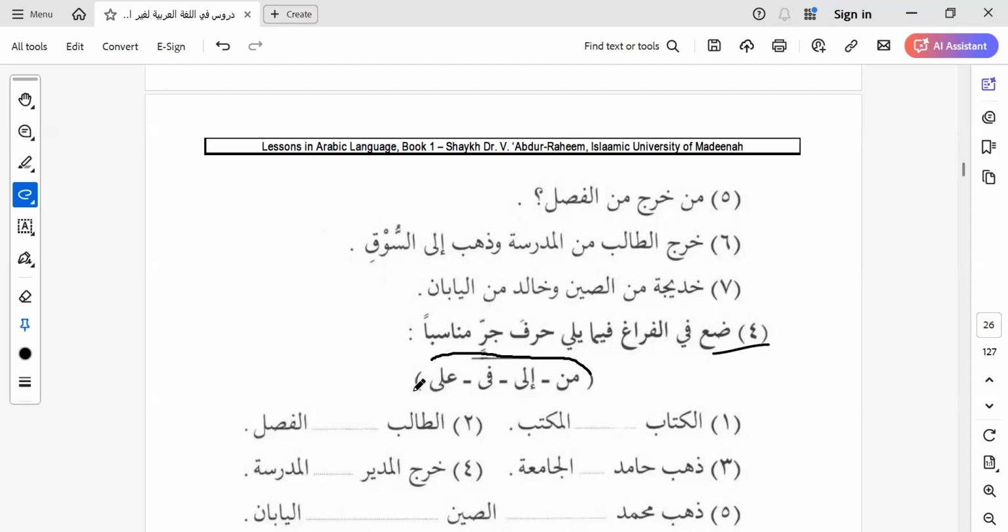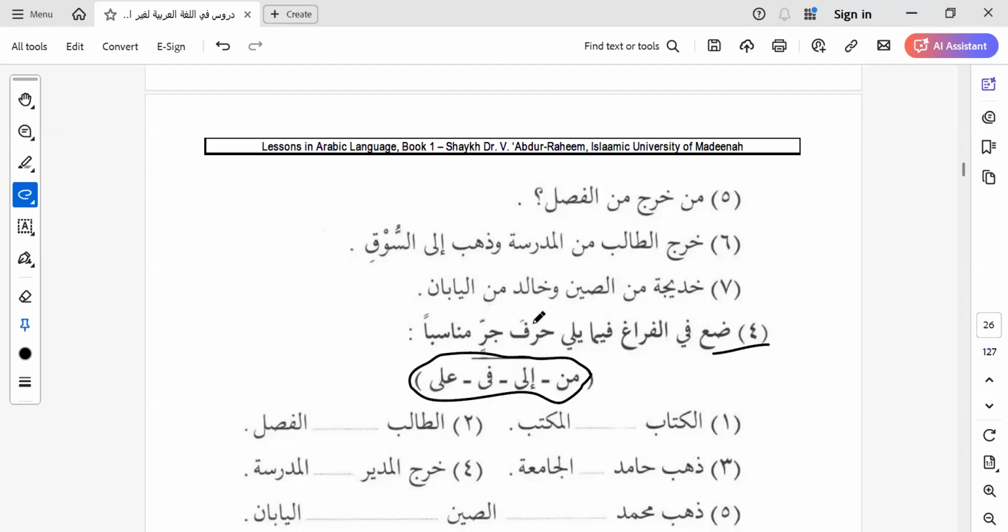All of these are حرف جر. I think we've talked about that, right? حرف جر, particle of جر. Have we talked about that in class? So this is what we have there. So you put the appropriate حرف جر in the empty space. مناسبا. So now we are good.